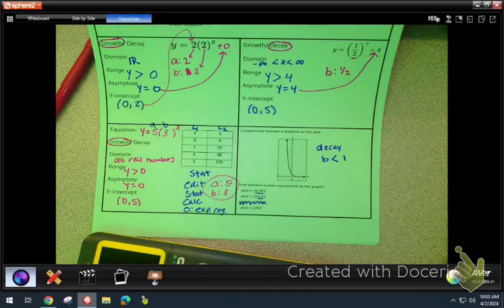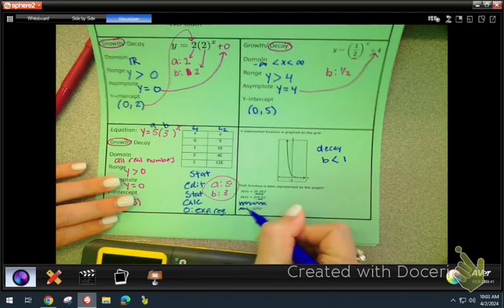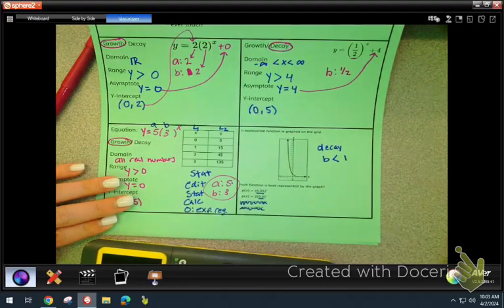What's the last base? What's attached to the exponent? Answer choice D. 25. That's way bigger than 1. So could that be our possible answer?